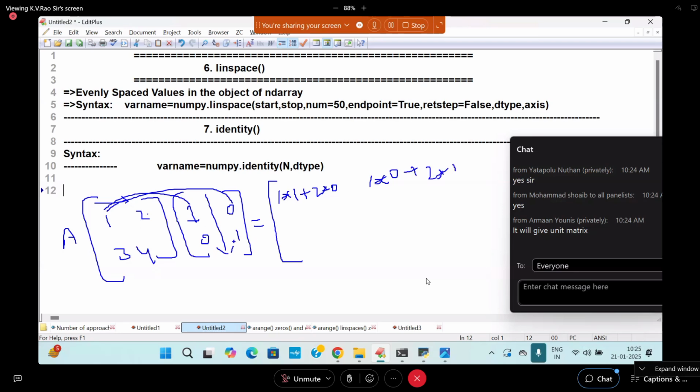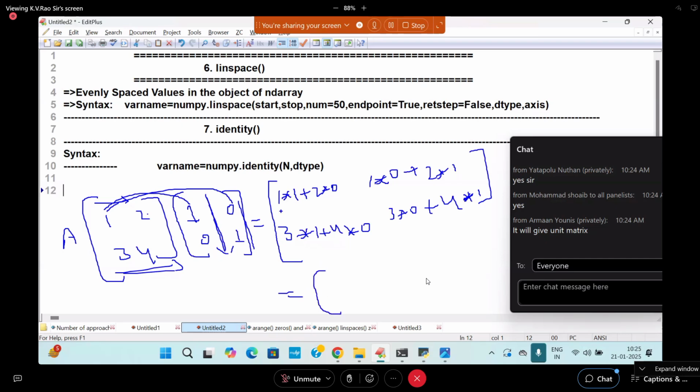Next, 3, 4: this row with all the columns. 3 into 1 and 4 into 0. Next, this row with the second column: 3 into 0 plus 4 into 1.